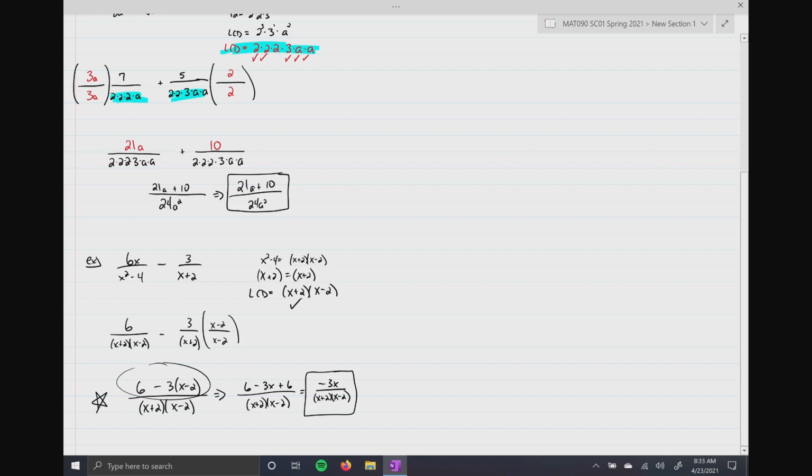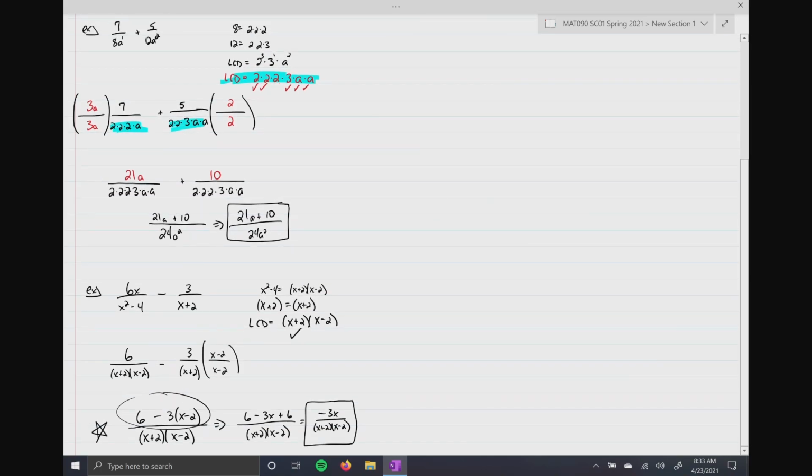Step 1 for both problems. I wrote the factorization of the first denominator, and then I did the factorization of the second denominator. Then I found my LCD. Then I wrote my denominators in their factored form.